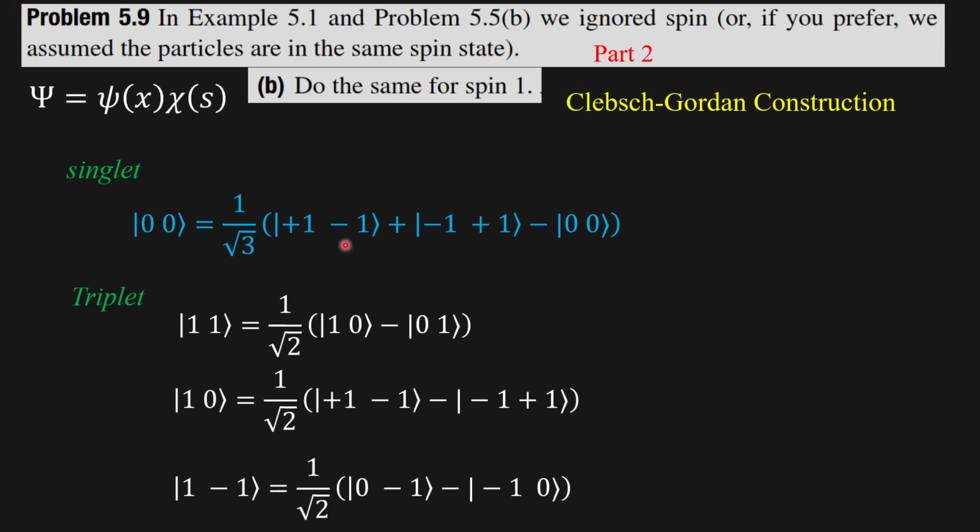Here you can notice that when you swap the states, that is minus 1 plus 1 to plus 1 minus 1, the state will not change because you have a plus sign. So this is the symmetrical one. Here also, if you swap the 0s, nothing will happen. So it is a symmetrical one.